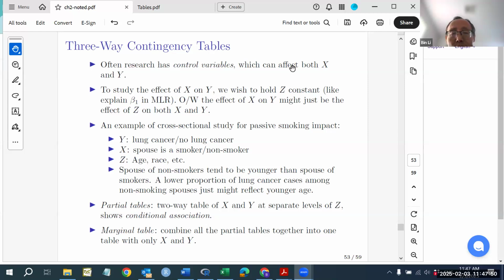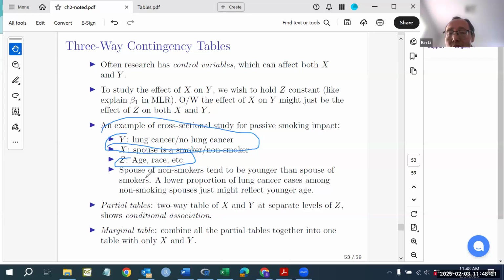For example, if we have a cross-sectional study for the passive smoking effect, let's say Y is lung cancer or non-lung cancer. X is spouse is a smoker or non-smoker, right? But the secondhand smoking effect is confounded with the age and race.